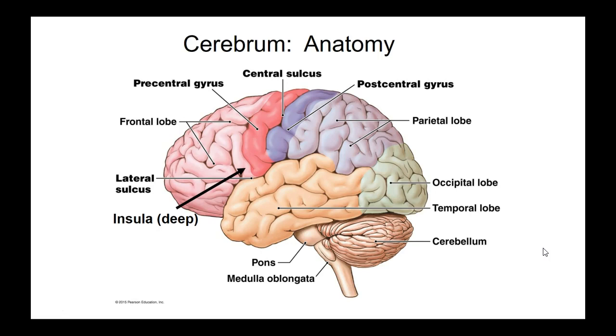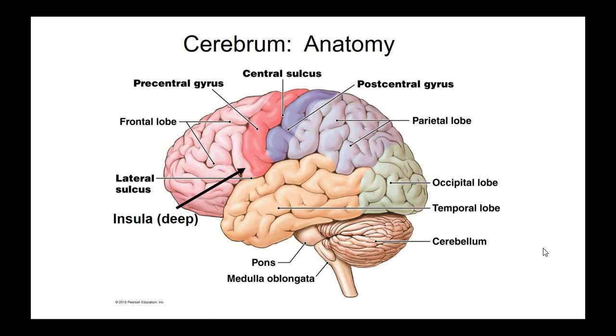There's a sulcus that runs down, and this is our frontal lobe. Just posterior to the central sulcus is the parietal lobe. The gyrus just before the central sulcus is called the precentral gyrus. Not surprisingly, the gyrus just posterior to it is called the postcentral gyrus. Precentral gyrus, central sulcus, postcentral gyrus.